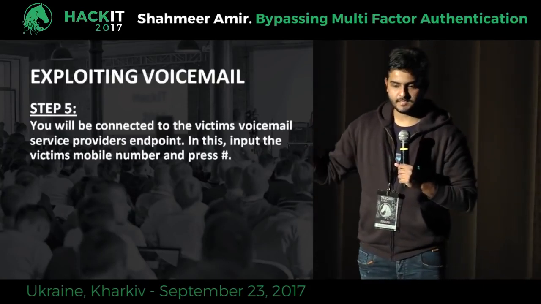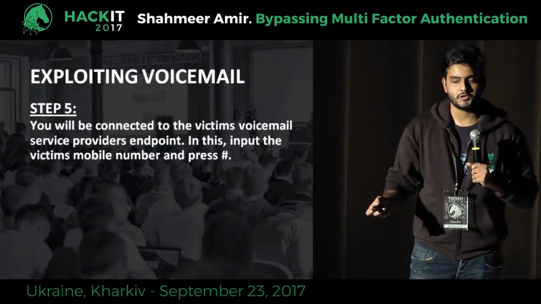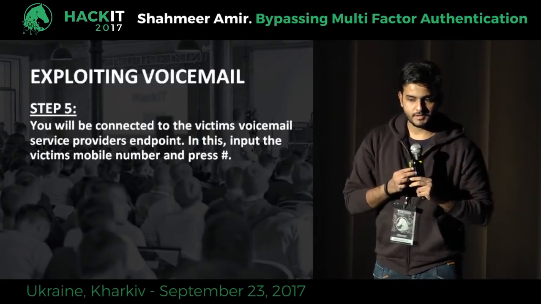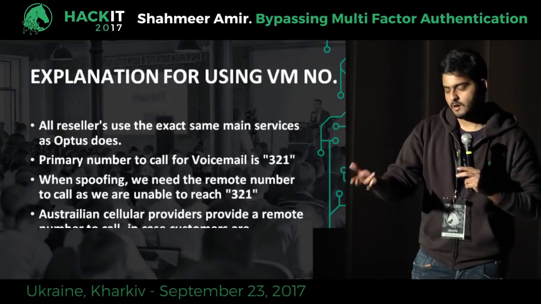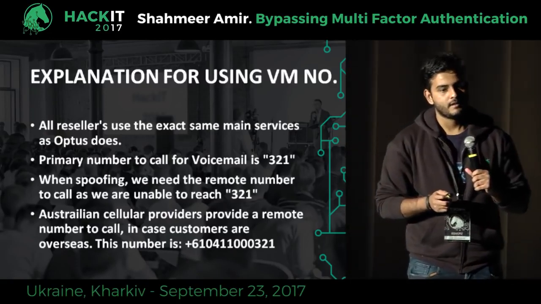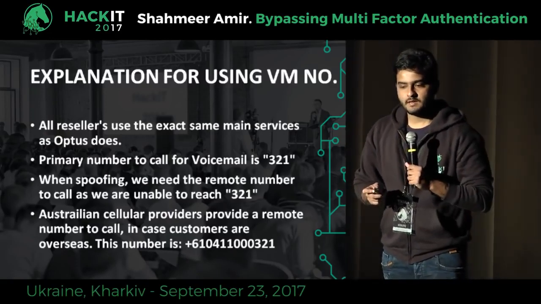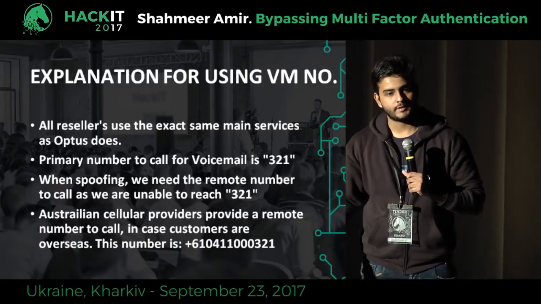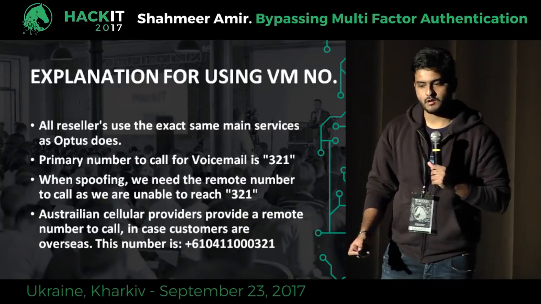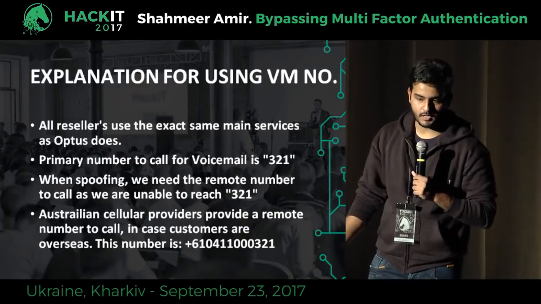Now, an explanation of why we use the voicemail number. Basically, all resellers use the exact same main services as Optus, one of the Australian telecom providers. The primary number to call for voicemail is 321. So when spoofing, we need a remote number to call, as we're unable to reach 321.